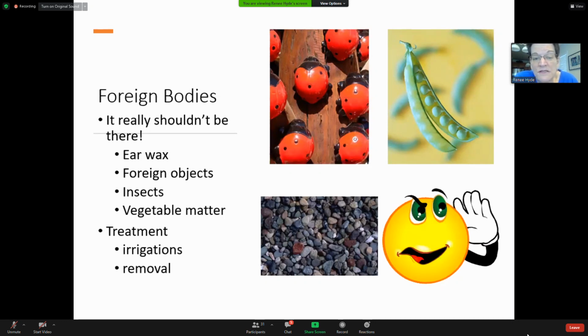Foreign objects, typically we use a pair of forceps and irrigation. Insects, kill the insect because you don't want it moving around in there, because that leg scratching the eardrum and the ear canal can cause major damage. Okay, so with that foreign body, we want to get it out.